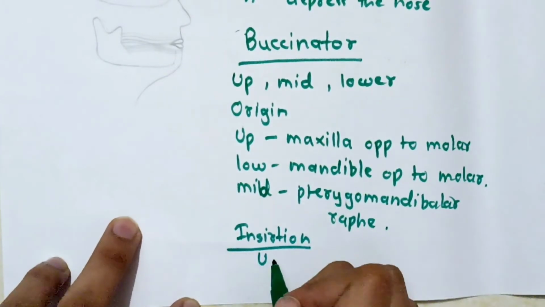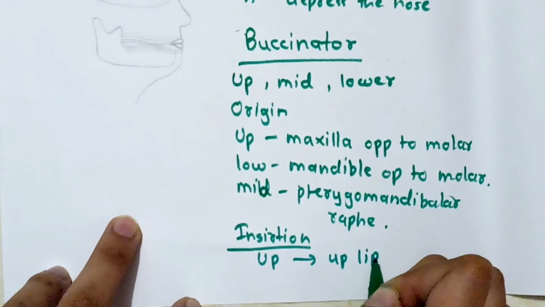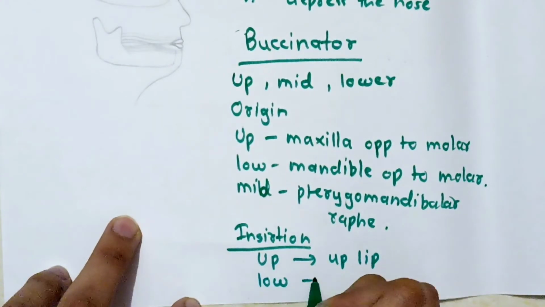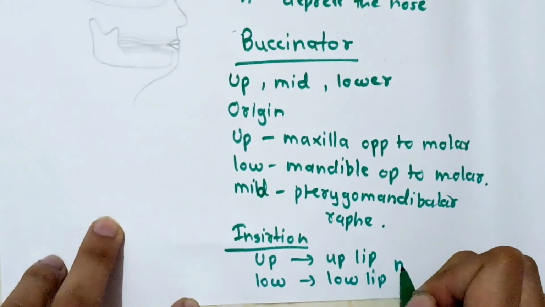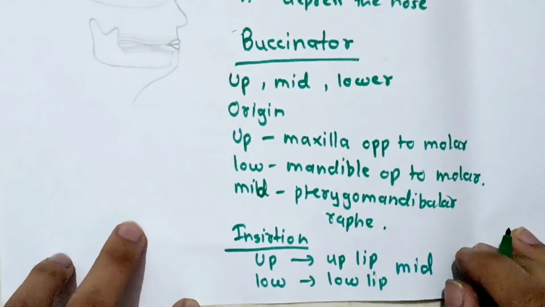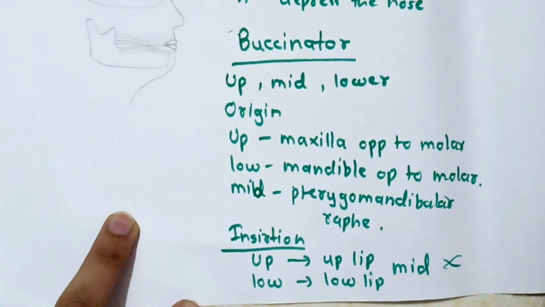So the upper fibers insert to the upper lip, the lower fibers insert to the lower lip, and the middle fibers cross away like this. We'll see in the diagram.